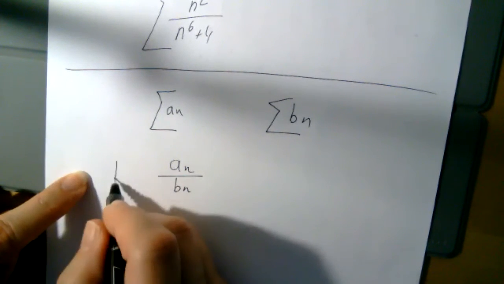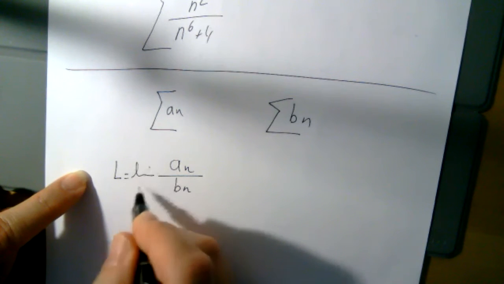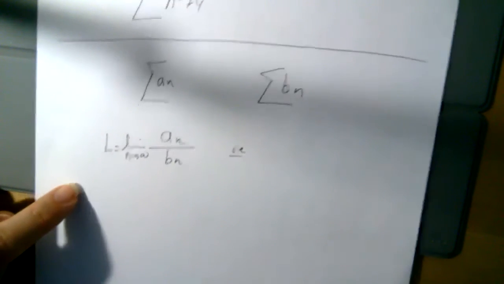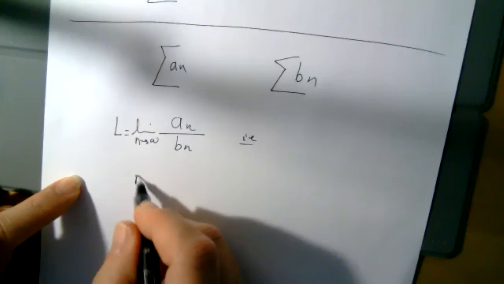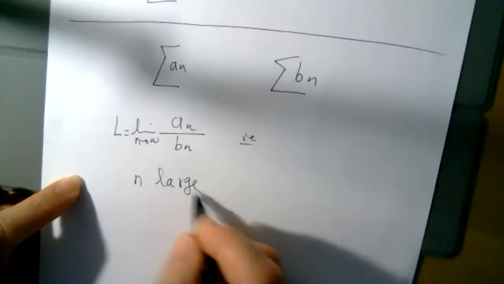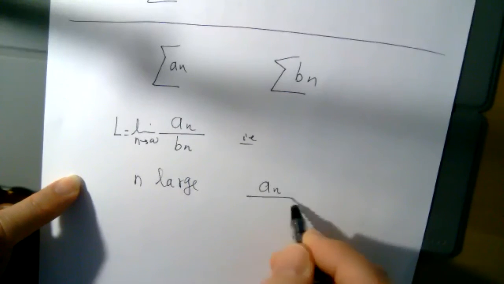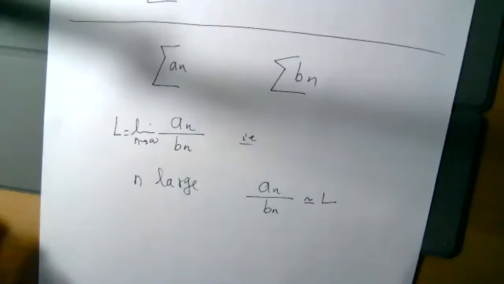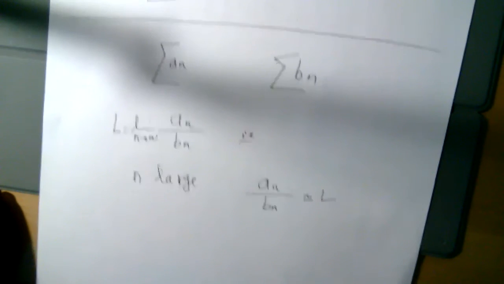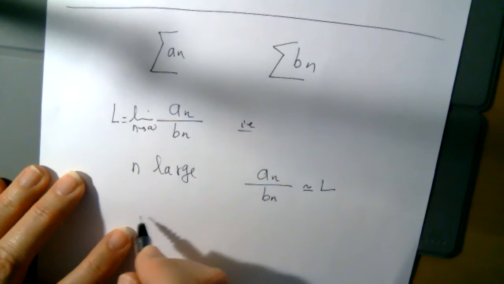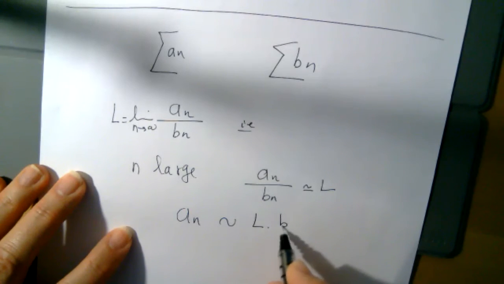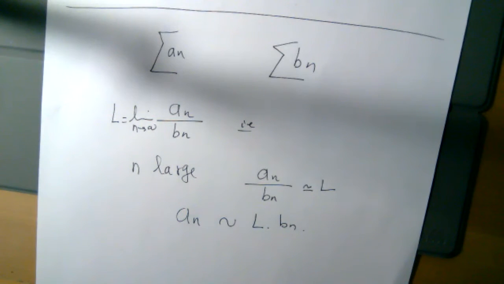And suppose L is what happens when n goes to infinity. It means, suppose that when n is large, an over bn is equal to a nice number. This tells me that if n is large, an is almost L times bn. That's really what it's intuitively telling me.